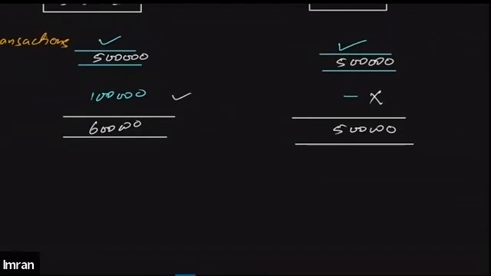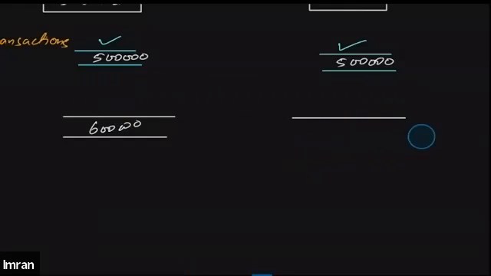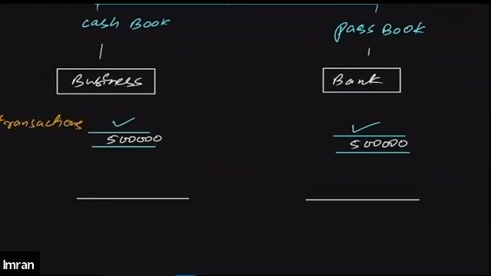Similarly, sometimes a certain transaction might be recorded in the passbook, but we forgot to record the same transaction in the cash book. Let's suppose there was a transaction of rupees 2 lakh, which we need to record in both the books, but the bank has recorded it in the passbook, and we forgot to record it in the cash book.